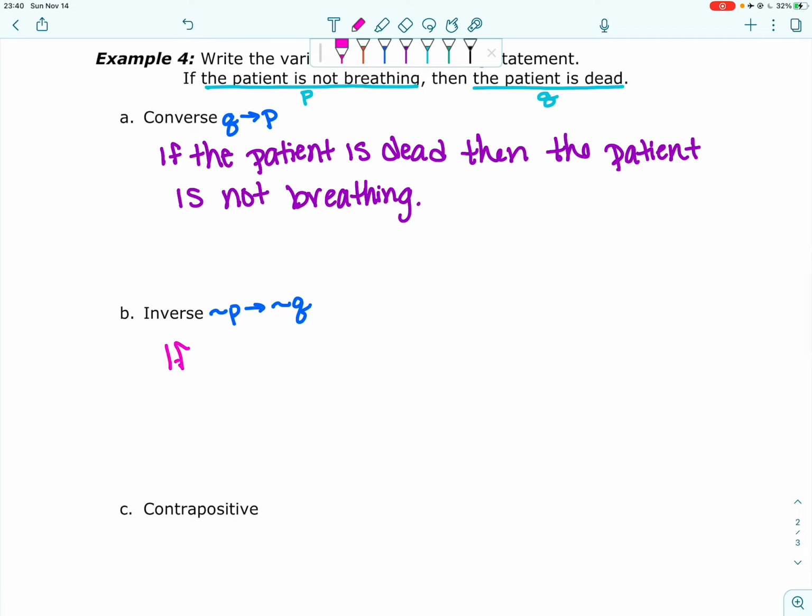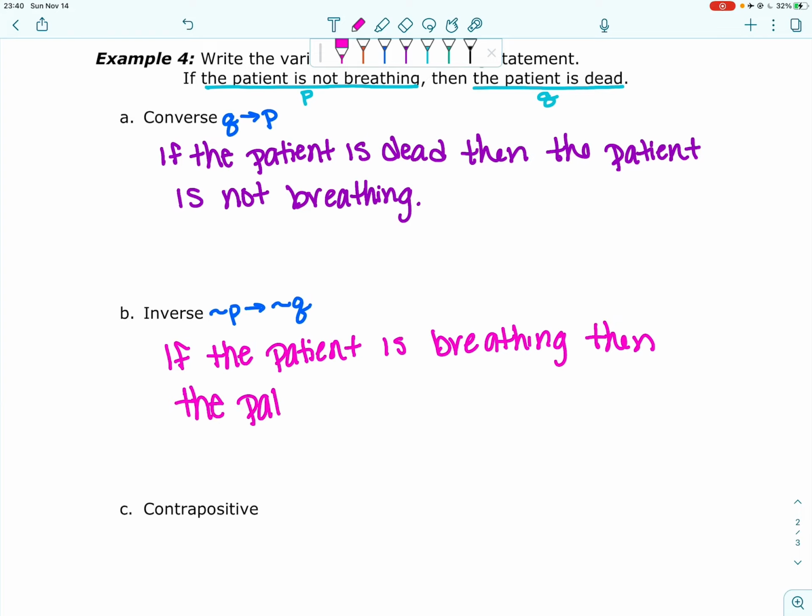So if the patient is breathing, so I negate the first statement by not including the word not, then the patient is not dead. And I negate the second statement, Q, by inserting the word not.